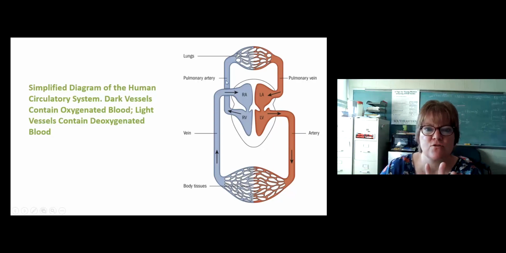We just need to understand the general idea. It comes in through a vein, goes into the heart. It gets pumped to the lungs, exchanges some gases, comes back to the heart, gets pumped again, and now it goes through the whole body.